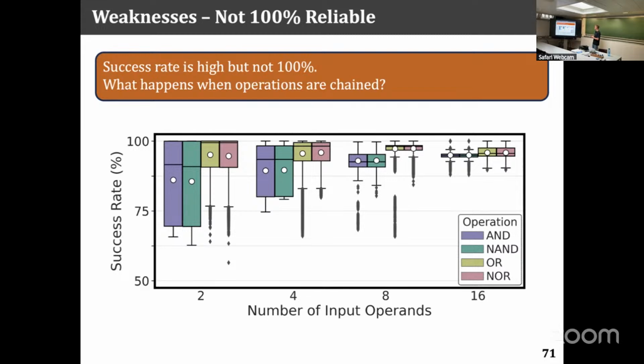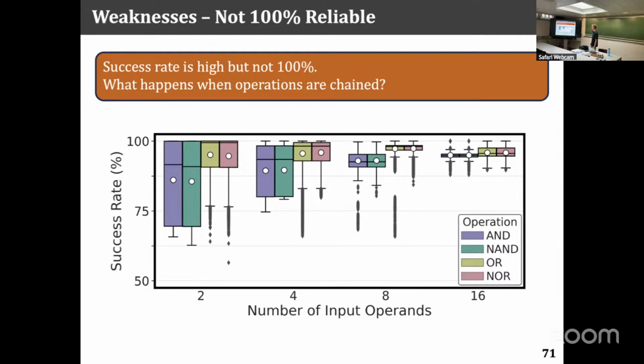And if each cell finishes its operation successfully with 99% probability, and the failures are uncorrelated, the probability of the whole row doing the operation successfully is basically 0. So 0.99 to the power of 65,000 is a very small number. So it's a problem that it is not 100% reliable yet if we want to run some real workloads on real existing chips today.